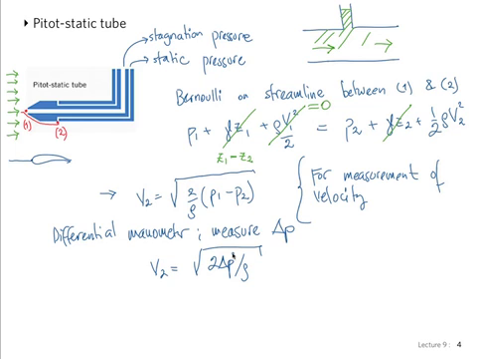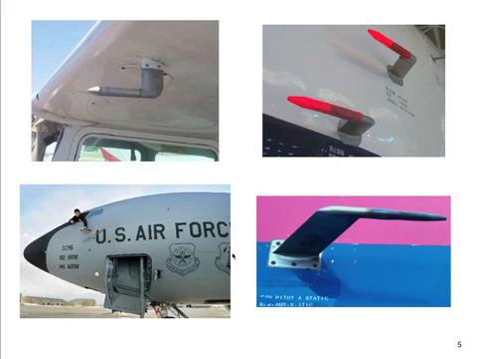This is also used, of course, for measuring the velocity in airplanes. So what you have in airplanes is the same device that we have shown before. We call it a pitot tube, but it's really a pitot static tube, but that's just too long. People don't want to say that, so they just call it a pitot tube. Pitot static, why?